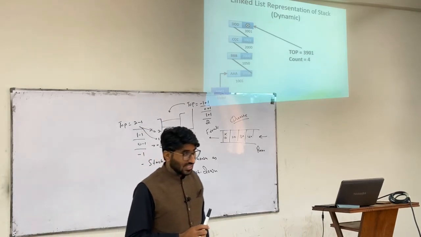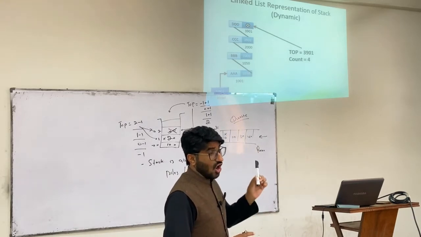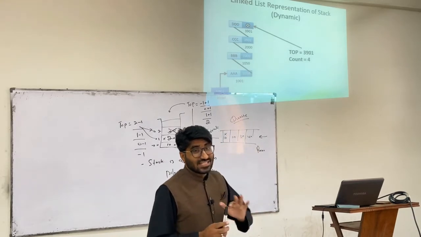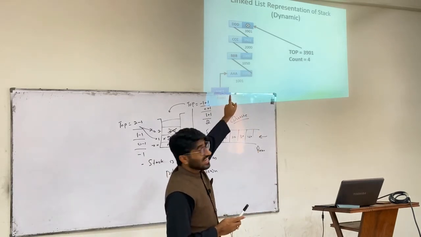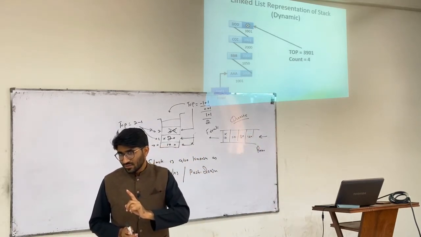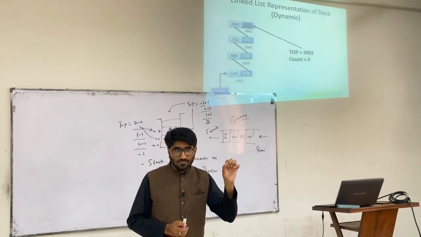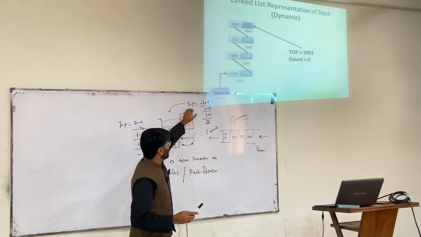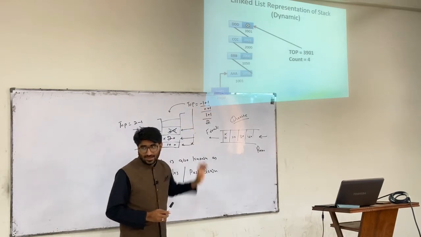But when we declare the top, so top makes us clear that this one is a stack, not a linked list. In linked list, we don't have top, right? When you put the top as a variable, now you are bound that this is a stack.